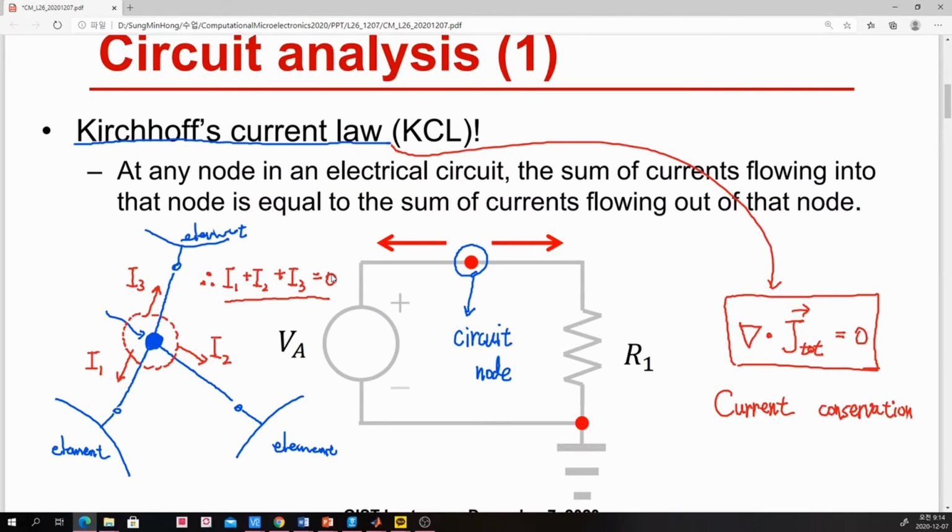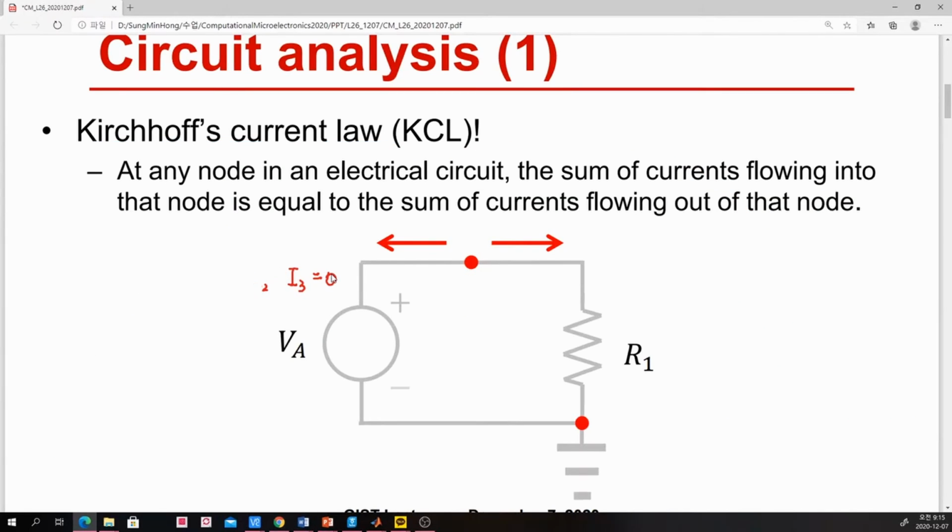So Kirchhoff's current law is actually just a different form of current conservation. Since current conservation is so fundamental in our physical world, we are allowed to just solve Kirchhoff's current law to describe or analyze our circuit.